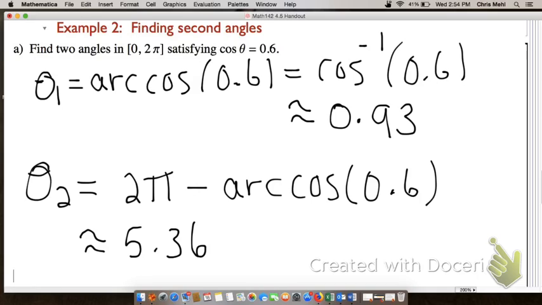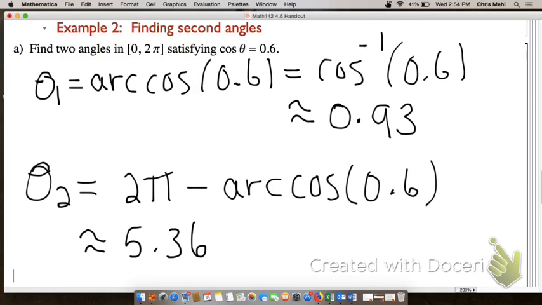Now, sometimes when you do this, your first angle might end up, well, this won't happen for cosine because the range of arc cosine is always between 0 and pi. Okay, so you shouldn't really have to worry. Your first angle will be between 0 and pi, and then the second angle will always be between 0 and 2 pi.